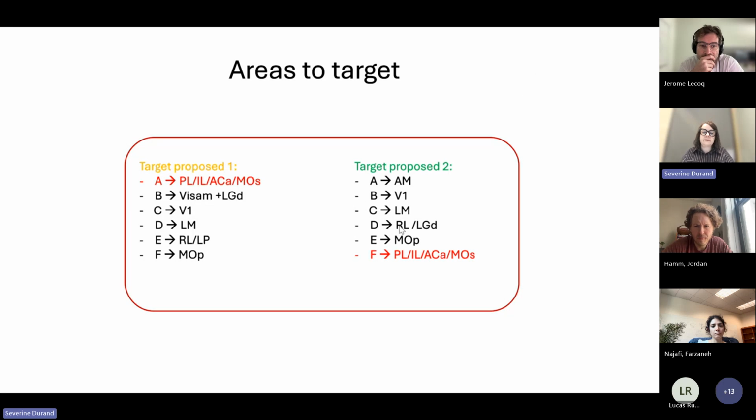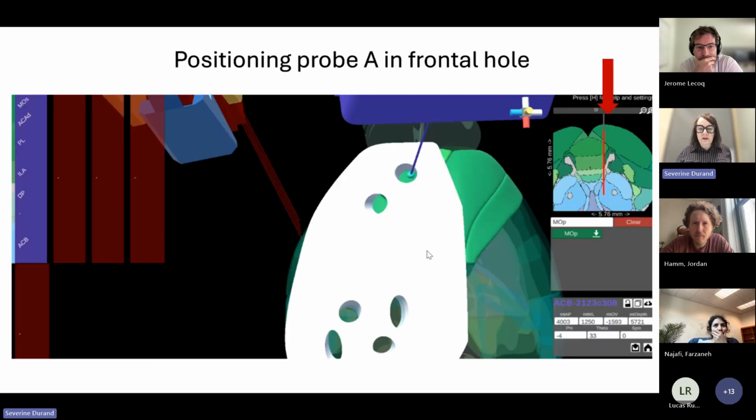Basically, for the areas to target, I used the list that you had in the paper. My first question was which probe to use for ACA, MOS, IL, and PL, which I know I can cross with one probe. I wanted to know if I can use probe A or probe F. Here is the simulation for probe A in the frontal hole.